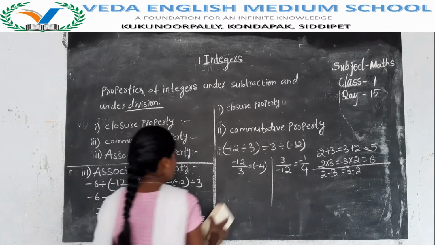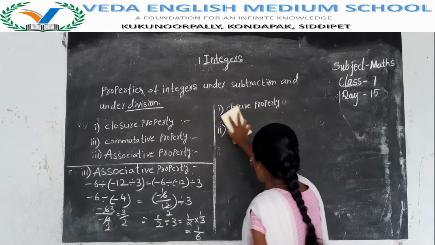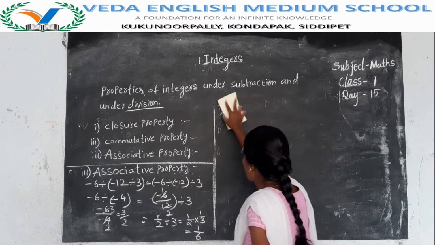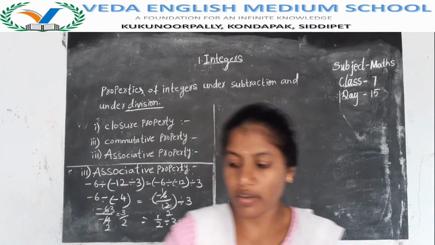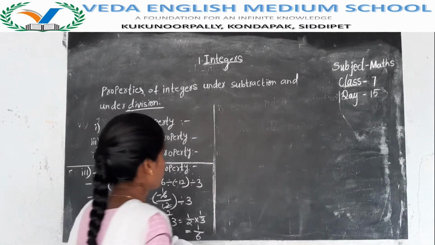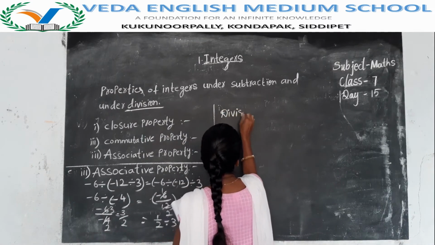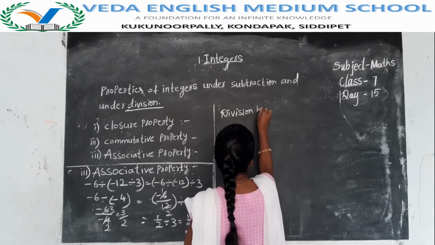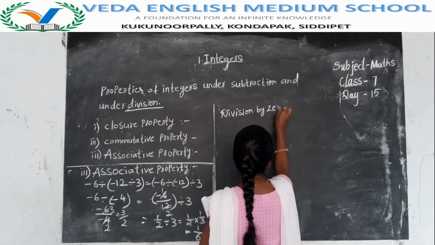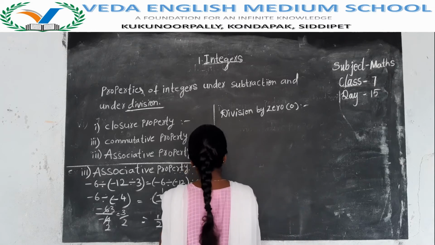Next we have to check division with 0 and division with 1. Division by 0.